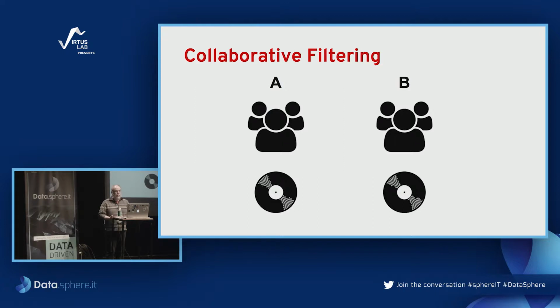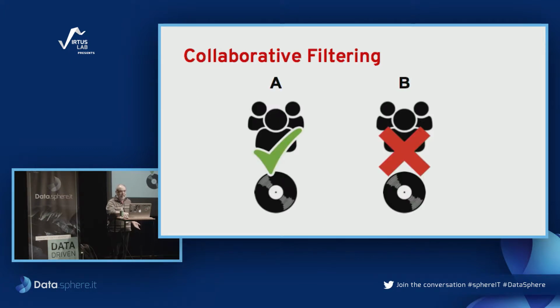So let's imagine you have two groups of friends, group A and group B, and group A has very similar musical tastes to you. And group B is a group of friends which has a very different musical taste than yourself. If group A recommends you an album and says you really have to listen to this album, and group B recommends you another album, so you really have to listen to this one, which one are you going to choose? As I said, it's common sense. You're going to choose what group A is recommending to you, right?